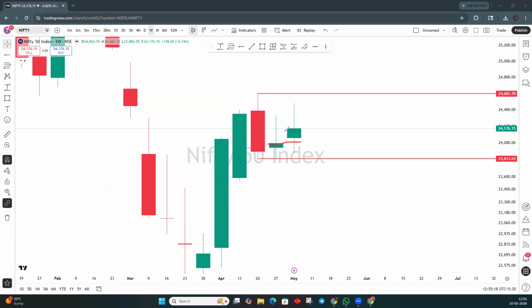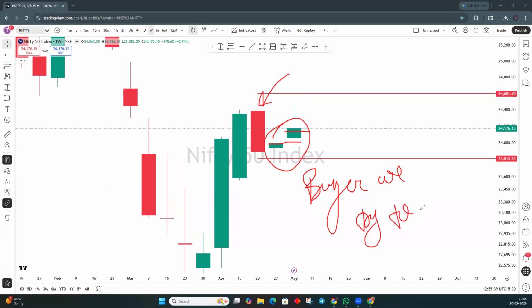The price closed higher this week as compared to the previous week. So what do you understand from this candle, that the buyers are trying to regain their momentum.